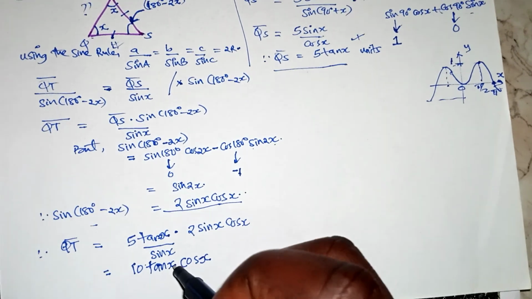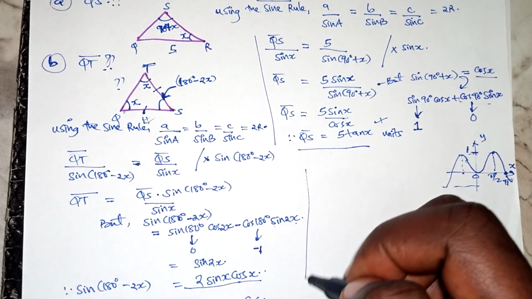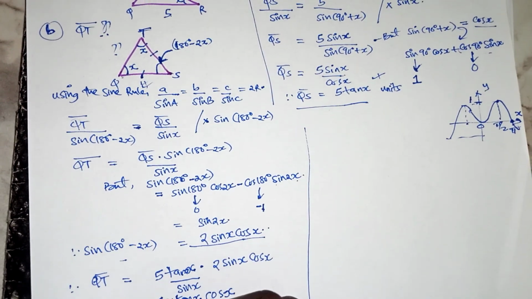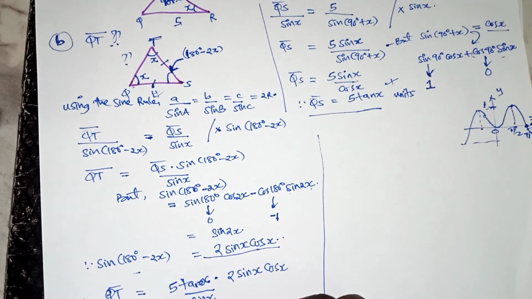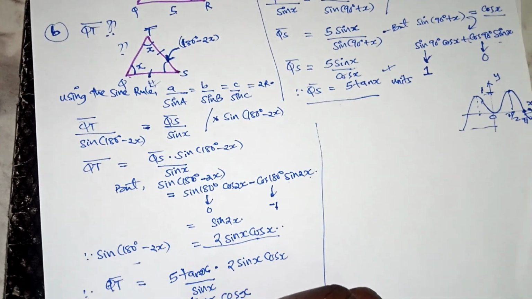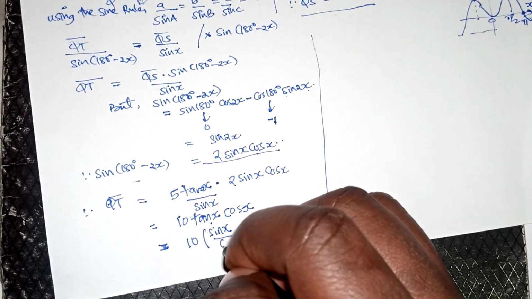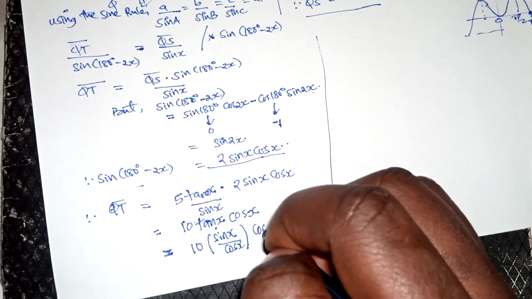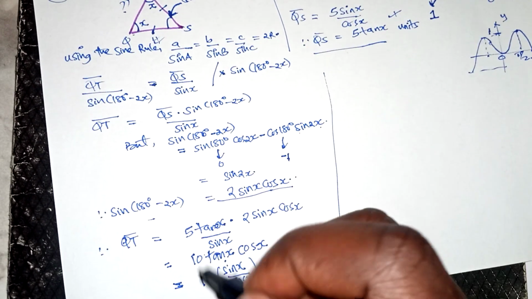But remember that tan is sine over cos. So this is equal to 10 sine x over cos x times cos x, of which these two are going to die out.